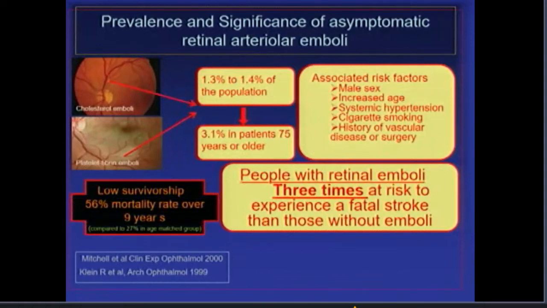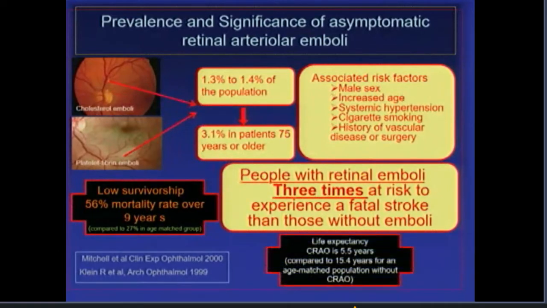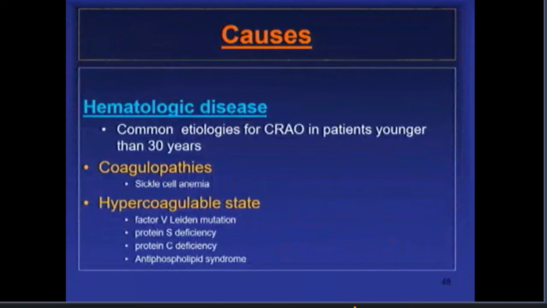There is low survivorship, with a 56% mortality rate over 9 years compared with 27% in the age-matched group. And life expectancy in central retinal artery occlusion is almost 5.5 years compared to 15 years in the age-matched population. So really this is one of the vital causes of life-threatening situations.